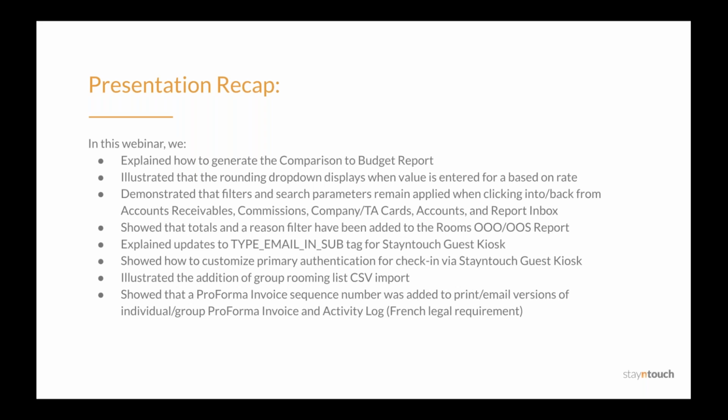Explained updates to the type email in subtag for Stayntouch Guest Kiosk. Showed how to customize primary authentication for check-in via Stayntouch Guest Kiosk. Illustrated the addition of the group rooming list CSV import. And finally, we showed that the pro forma invoice sequence number was added to the print and email versions of the individual and group pro forma invoice and the activity log.